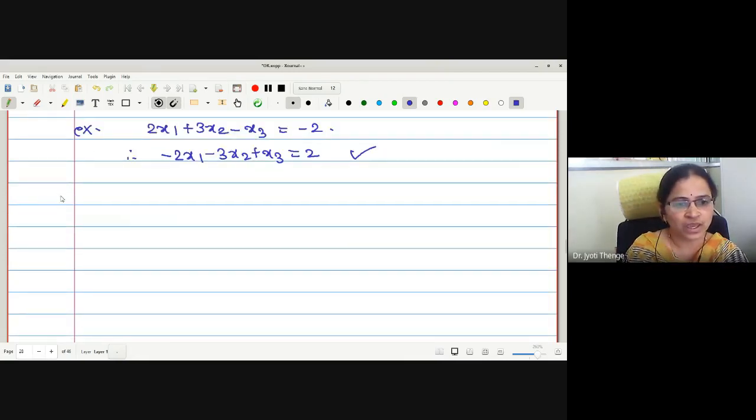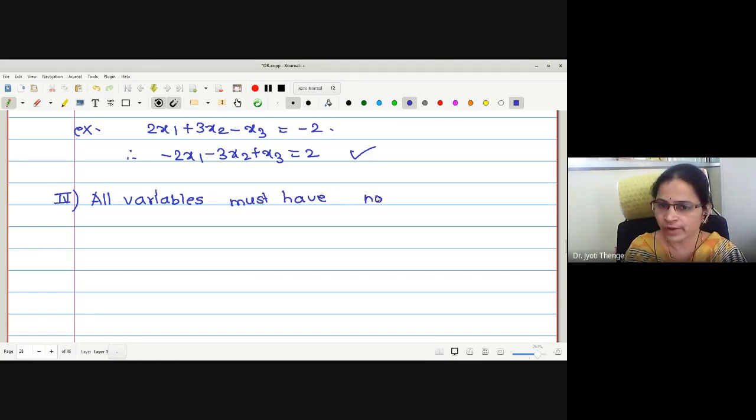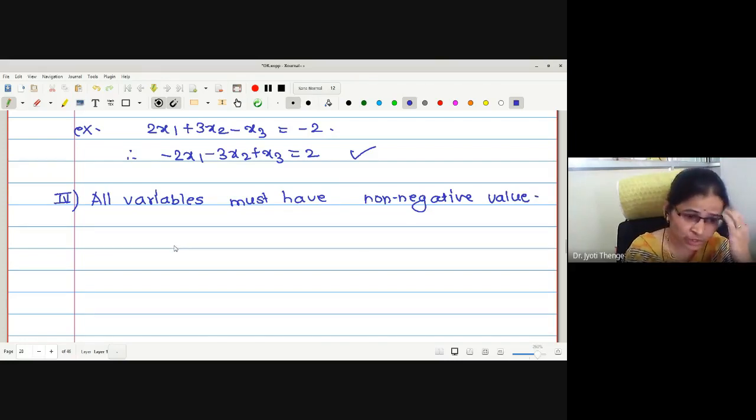Okay, number 4. All variables must have non-negative value. That is, all the variables should be non-negative. What will happen if we have one variable which is not restricted?